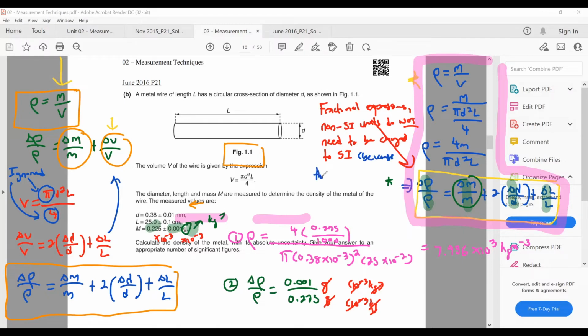Like the ones that you see here, gram and gram cancel off. Even if you have to change to kg, they will still cancel off. It doesn't matter.